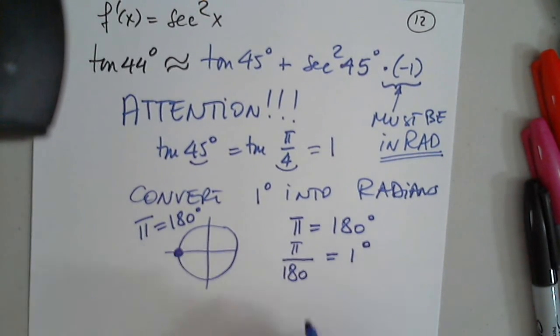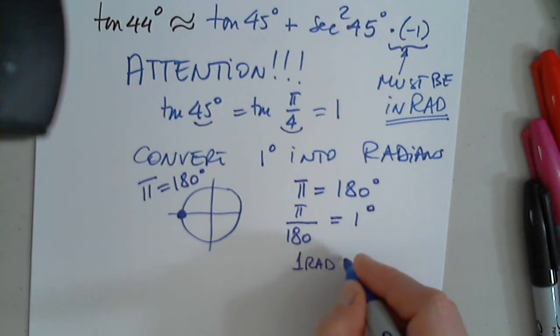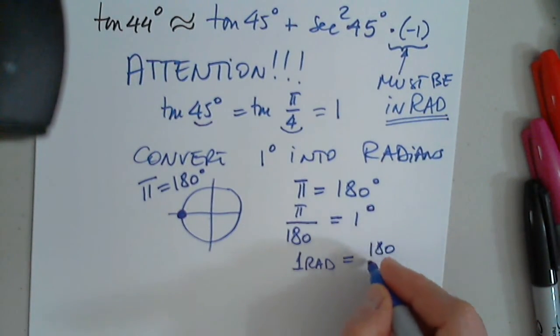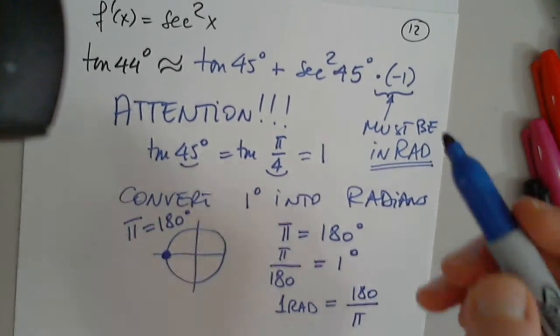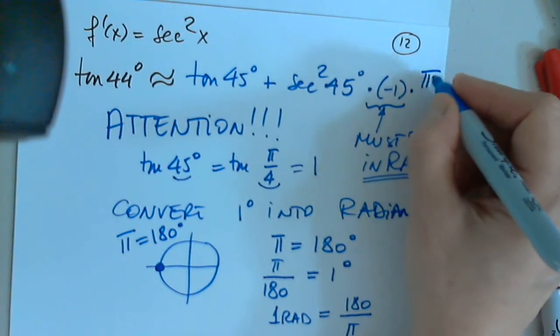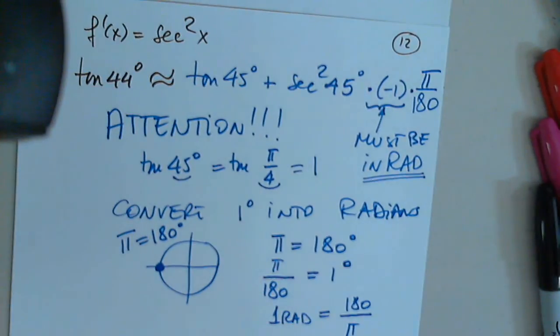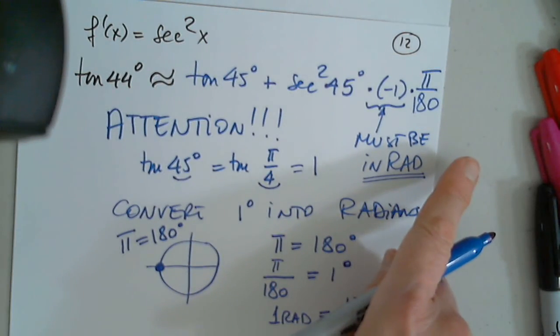Good. If I want 1 radian, I divide both sides by pi. That's it. So it's negative 1, but it has to be multiplied by pi over 180. So times pi over 180. This is 1, this will be 2, but that will be the rest.